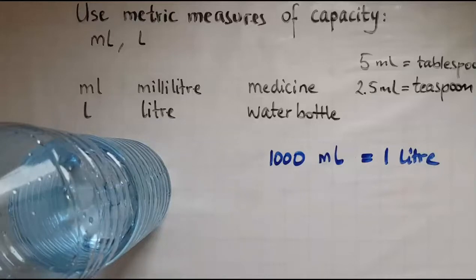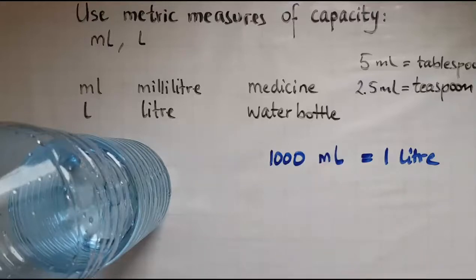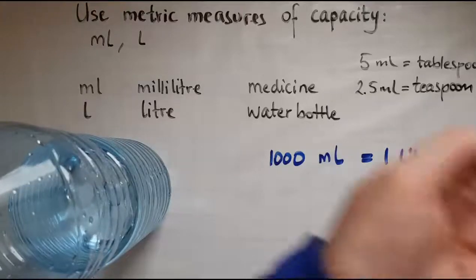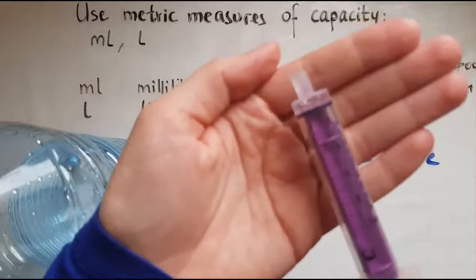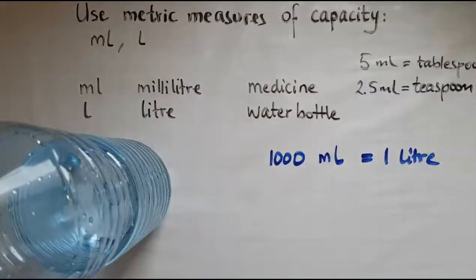That's what you've got to remember. Since milliliters are very small amounts, you need 1,000 of them to make a liter. If you tried to fill a 1 liter bottle with the syringe, you'd need 1,000 of them.